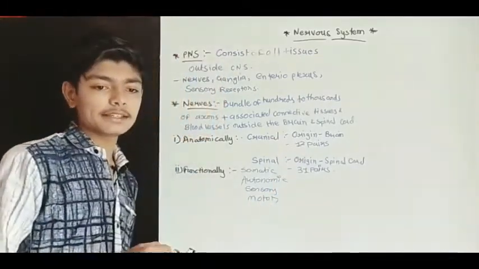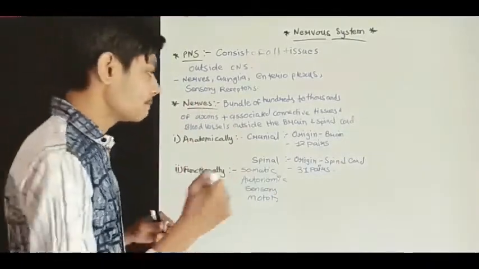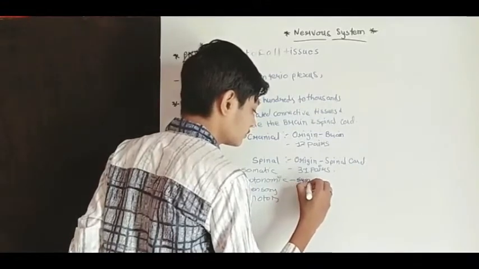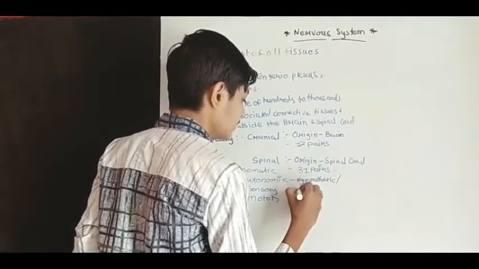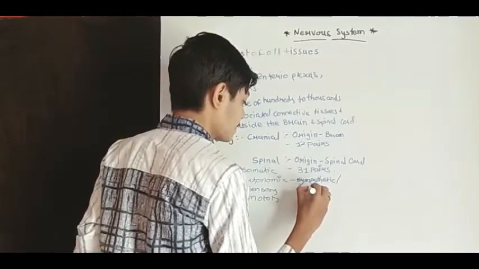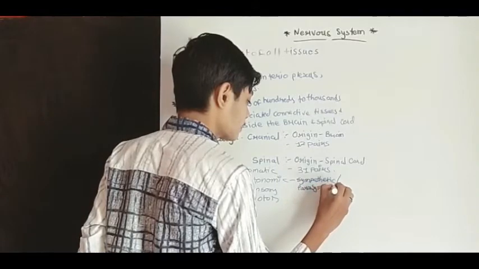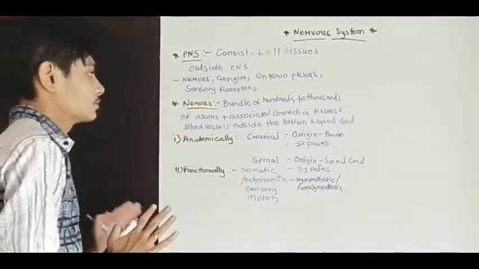In these four types it can be divided. Now autonomic can be further divided into sympathetic and parasympathetic. So this is all about the basics of the nerves.